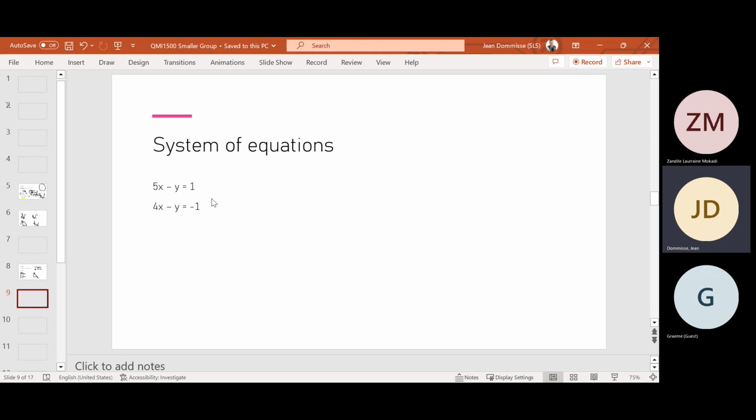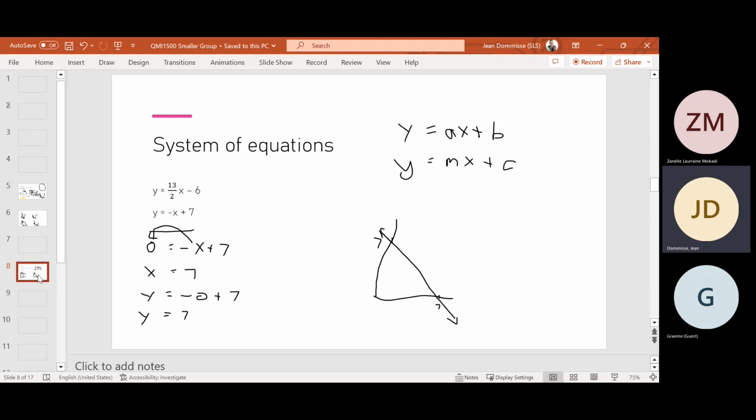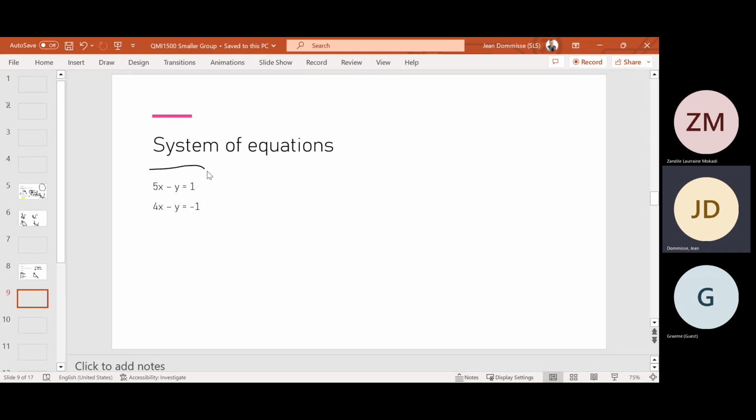So the next part of it is, this was if you look at one equation, so let's look at two of them and see if you needed to solve for both of them.